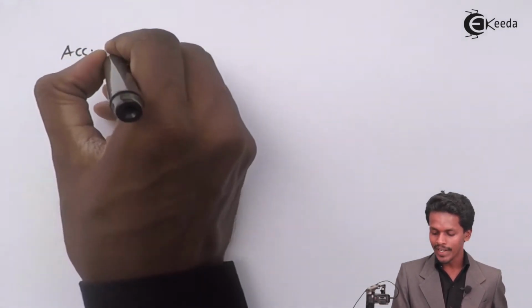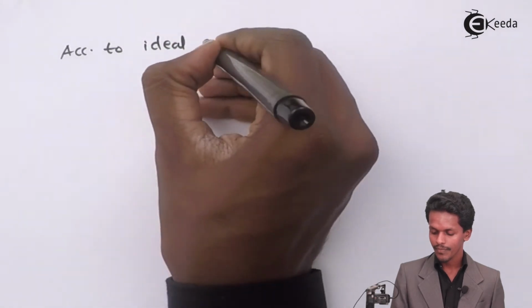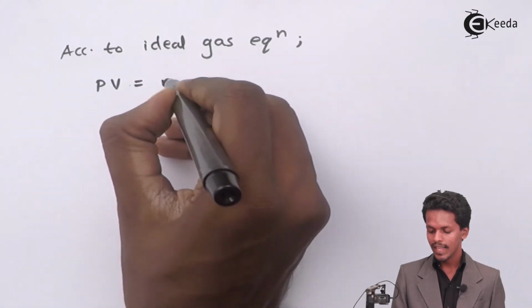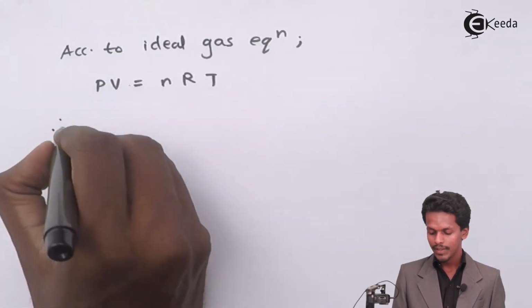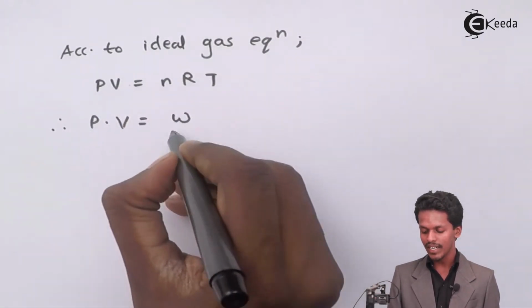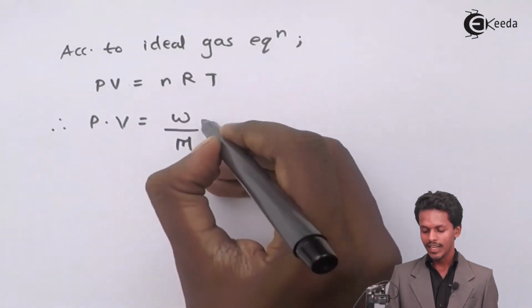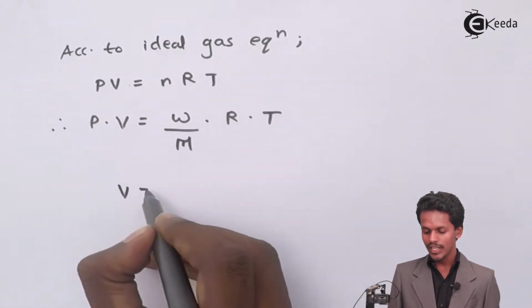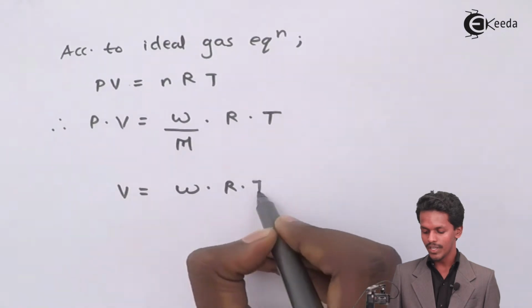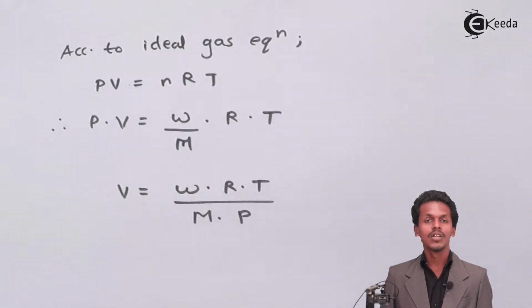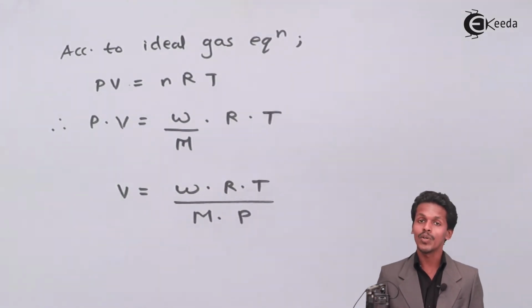As you know, according to the ideal gas equation, PV equals nRT, where the number of moles is weight divided by molecular weight, so PV equals W by M into R into T. In this case we have to calculate V, so V equals W into R into T, the whole divided by molecular weight into pressure. This is the formula that we have to use, and we have to substitute the values here.